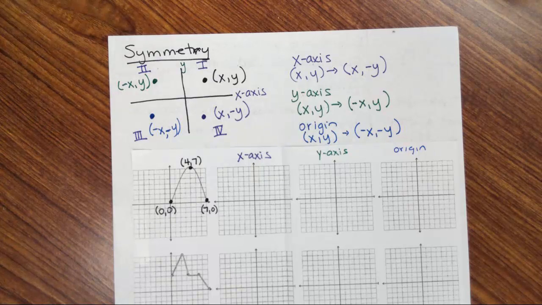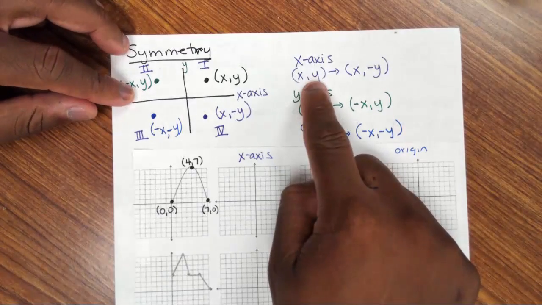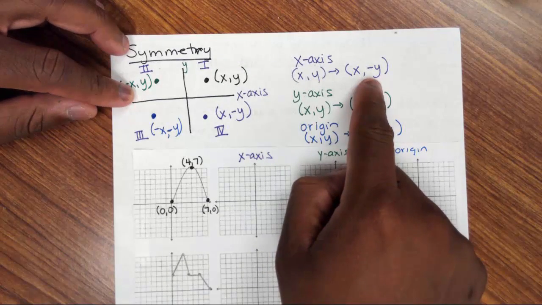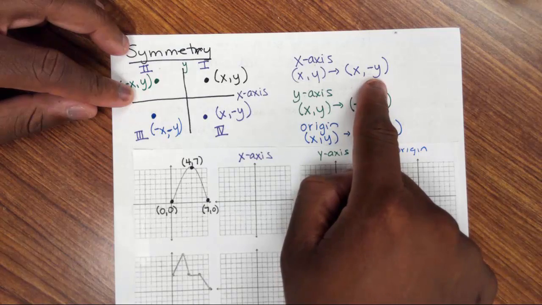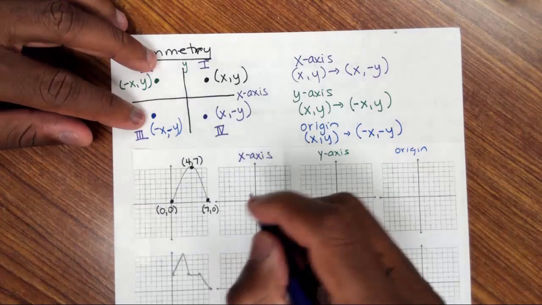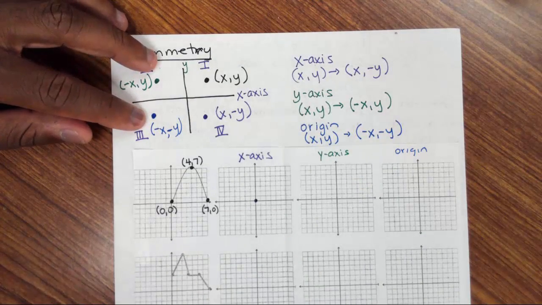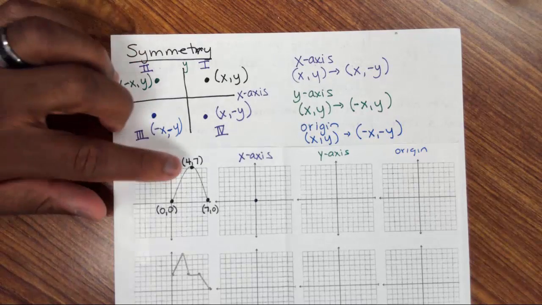And now again, starting with x-axis symmetry. If a graph has x-axis symmetry, how do the points change? Well, this says that the coordinates go, what flips this time? The y's flip their signs, right? That's what this means. So your y values are going to flip their sign. So 0, 0 will remain the same. 4, 7 becomes what? 4, negative 7.